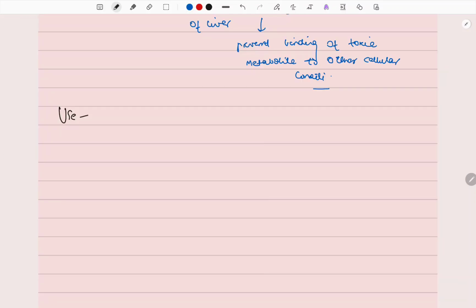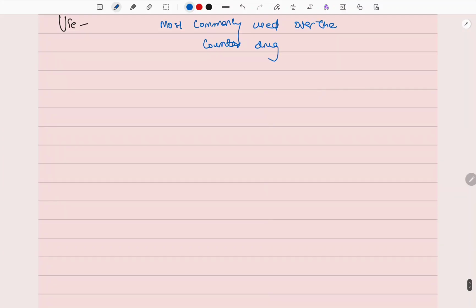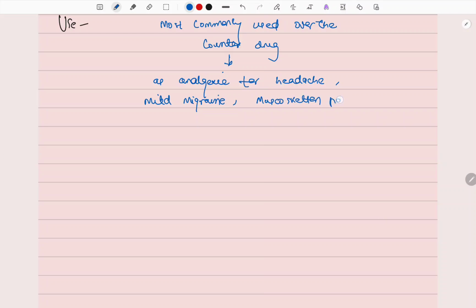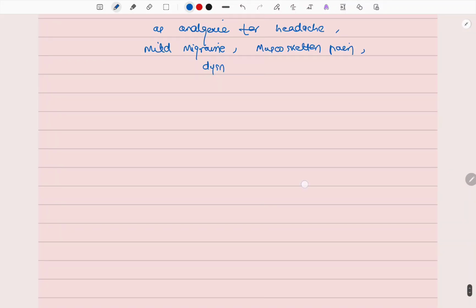So here we will write that paracetamol is a most commonly used over-the-counter drug as analgesic, that is for headache, mild migraine, musculoskeletal pain, dysmenorrhea, etc. And we all know that it is relatively ineffective when inflammation is prominent, like rheumatoid arthritis.